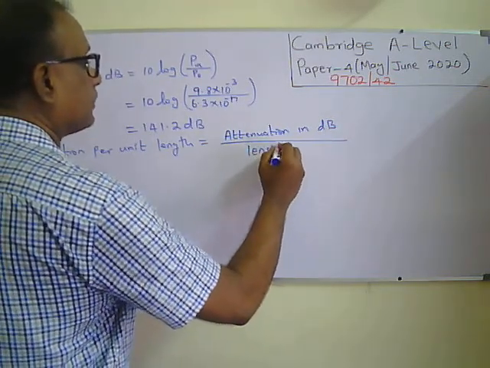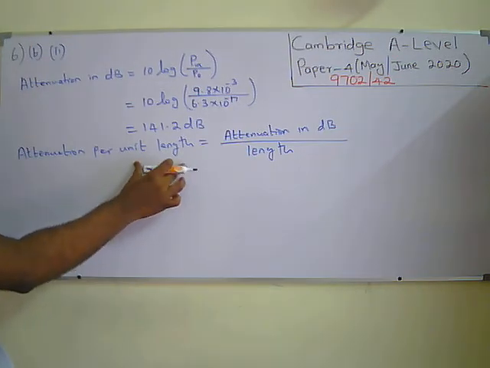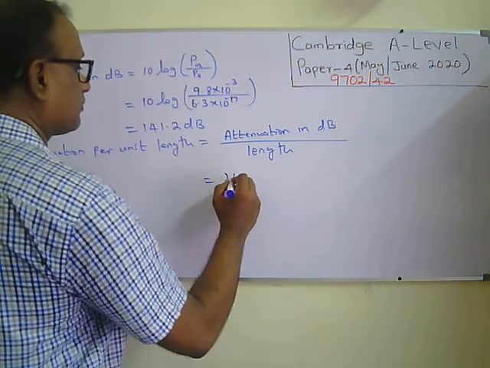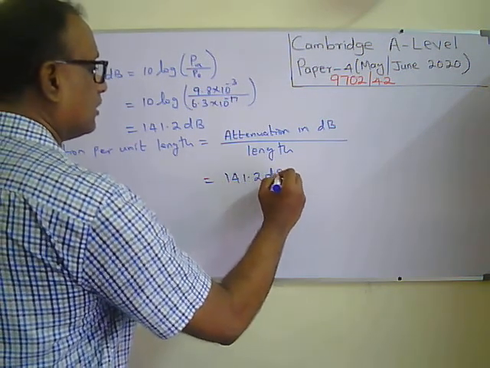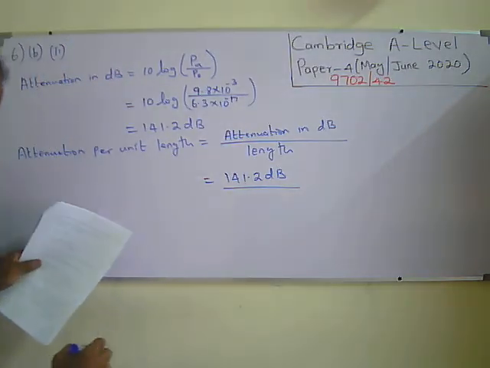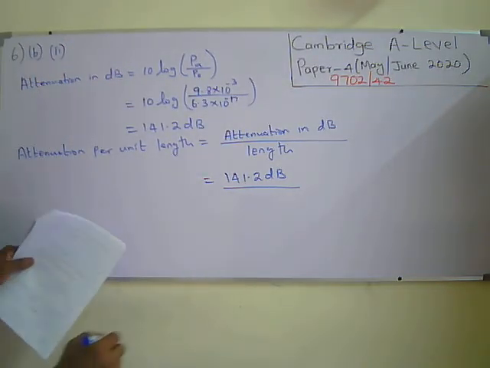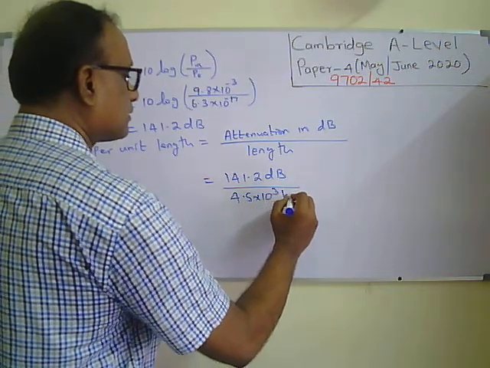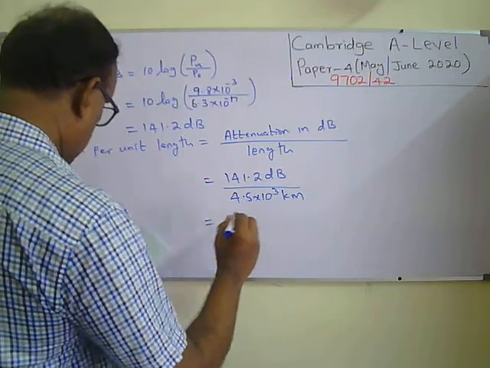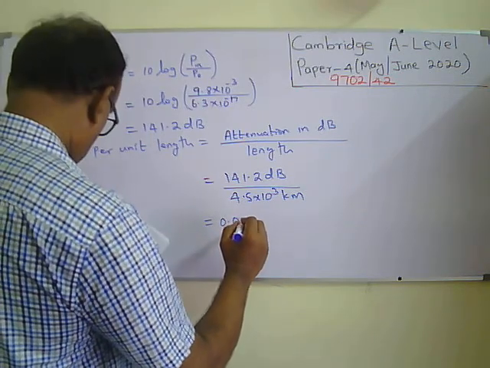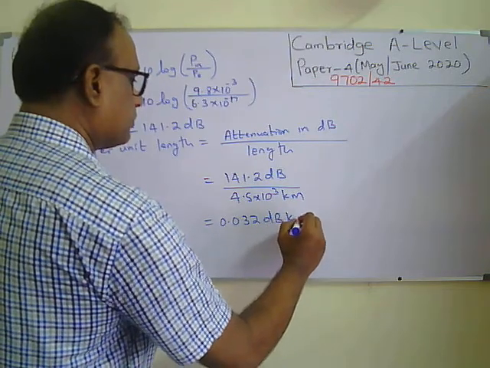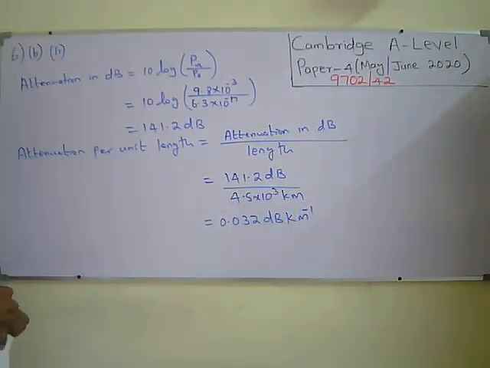Length should be in kilometer. Normally we give attenuation per unit length per kilometer, so we should consider the length in kilometer. So this is 141.2 decibels divided by the length, given as 4.5 × 10^3 kilometers. So that will be 0.032 decibels per kilometer.